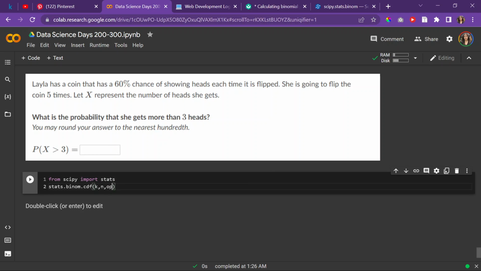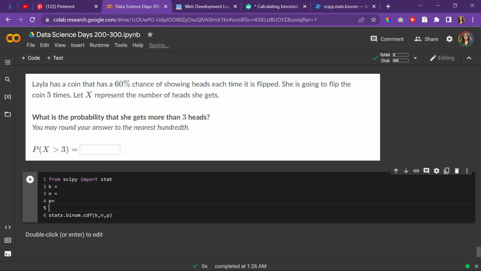What the? Okay. k is equal to, n is equal to, p is equal to. And so k is going to be 4 because we don't want to include 3. Probability of success is 0.60, and number of trials is 5.